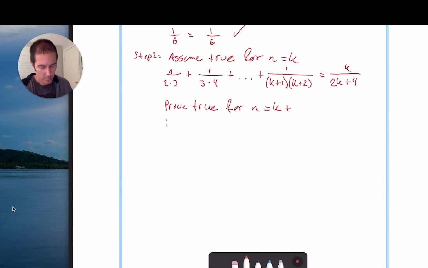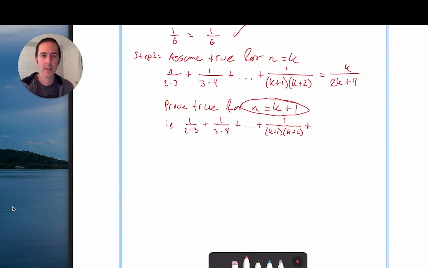In other words, 1 over 2 times 3 plus 1 over 3 times 4 plus all those terms in between, plus, be careful now, this is the kth term that we're going to write, 1 over k plus 1 times k plus 2. Now that's if there were k terms on the left-hand side of the statement or equation. There are not. I didn't write the 1 in there. There are k plus 1 terms on the left-hand side. So, if these are the first k terms, now we need the k plus first term.